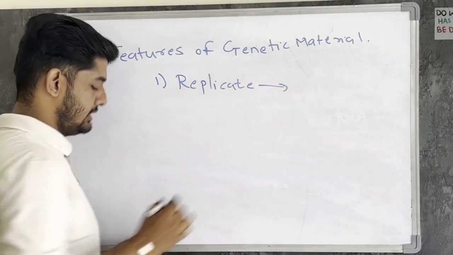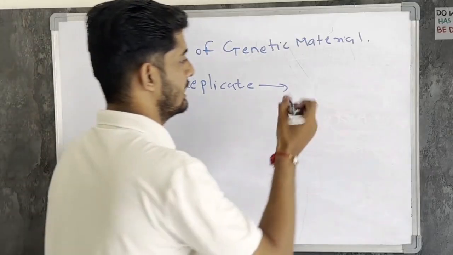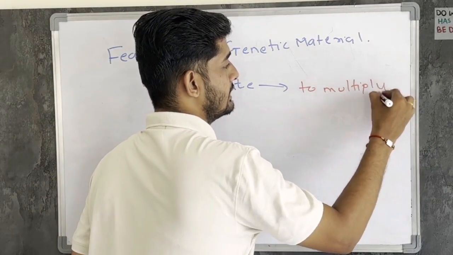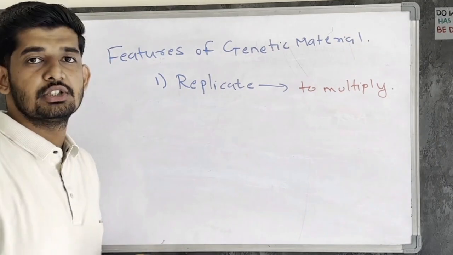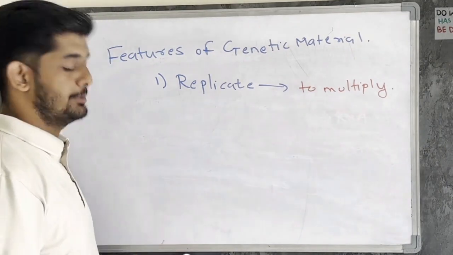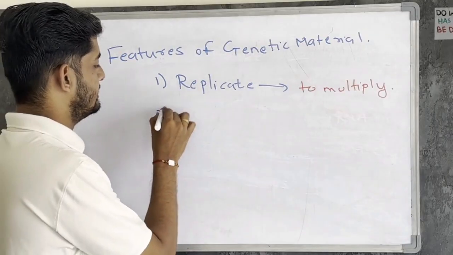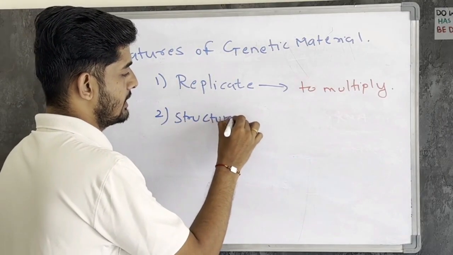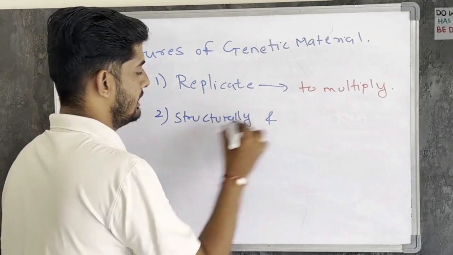Replication means to multiply. That is, it should be able to make copies so that in the next generation it can give the copies to its offspring. The second property is that it should be structurally and chemically stable.